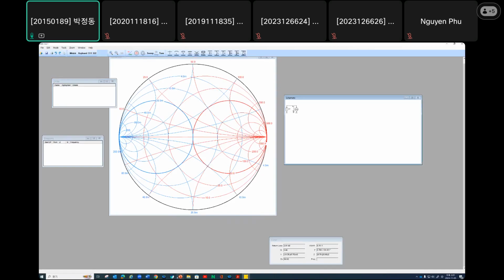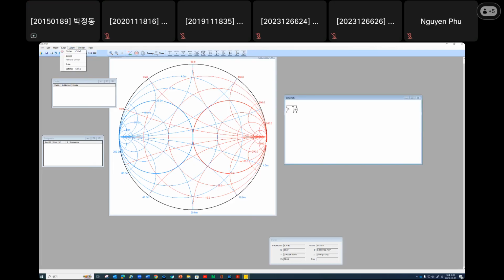Let's take a look at the example. Here, the operating frequency is, let's say, 1 to 3 gigahertz. So we choose 2 gigahertz.